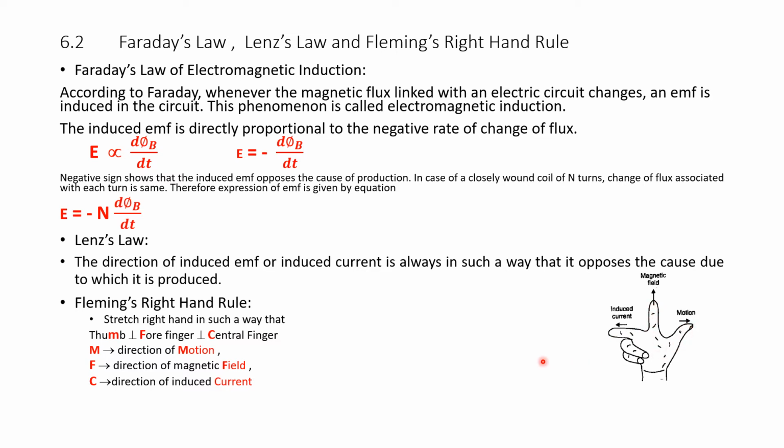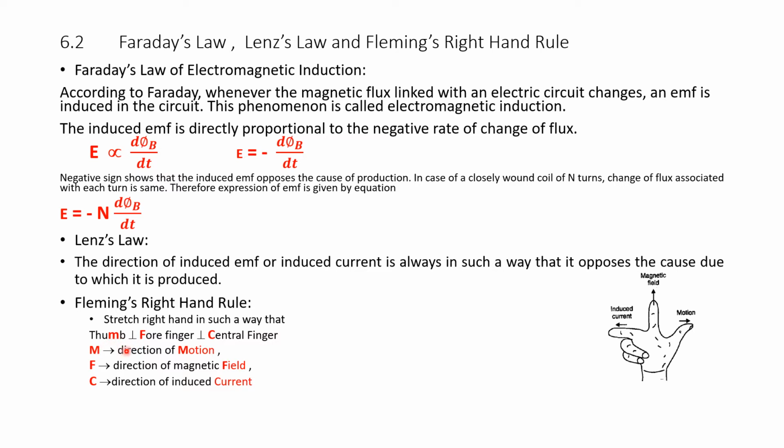So when you stretch them in such a way that they are perpendicular to each other, that is thumb is perpendicular to the forefinger and perpendicular to the central finger. So here the thumb represents the direction of motion, that is M, marked in red.